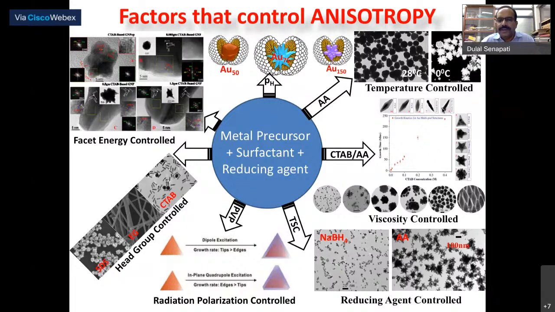Those factors are like the pH, or the head group, or the reducing agent, whether it's a very strong reducing agent or a weak reducing agent. Whether the head group is positively charged or negatively charged, or even the facet energy. I'll come later to how the facet energy also controls the anisotropy of a nanomaterial.